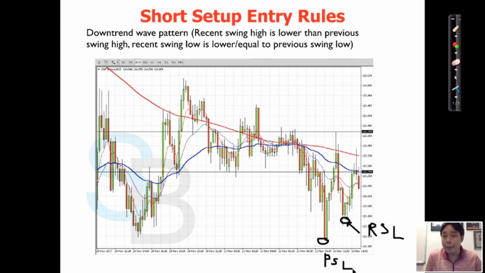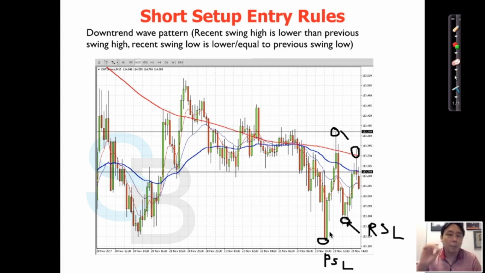But in this case, it is not making lower lows, it is making higher lows. This recent swing low is higher than the previous swing low, so that is not valid. Not valid, right? But the recent swing high is lower than the previous swing high. So this is valid, but that's not valid, right? So this is not a valid short trade because of all those factors.